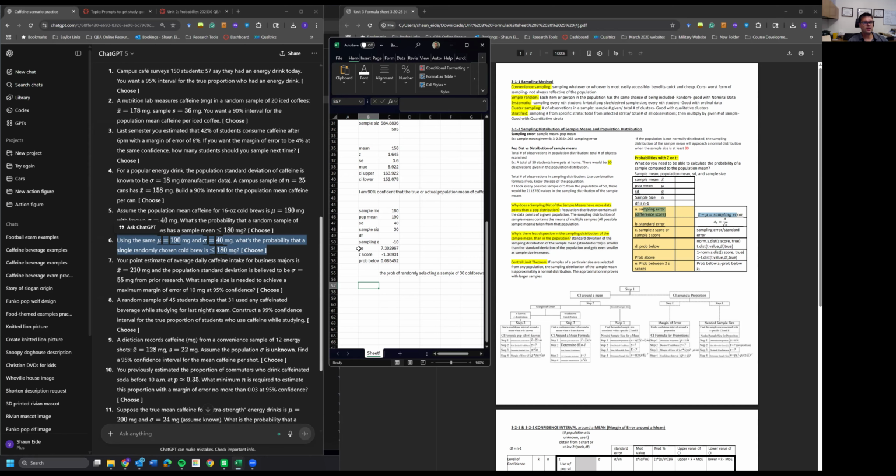How is it going to be different? Well, the z-score is going to be calculated by dividing it by the standard deviation. So we're going to do literally the exact same thing, except the sample size is going to be 1.